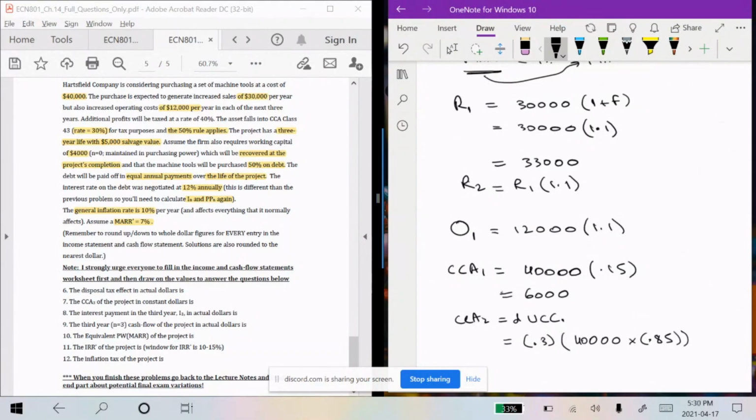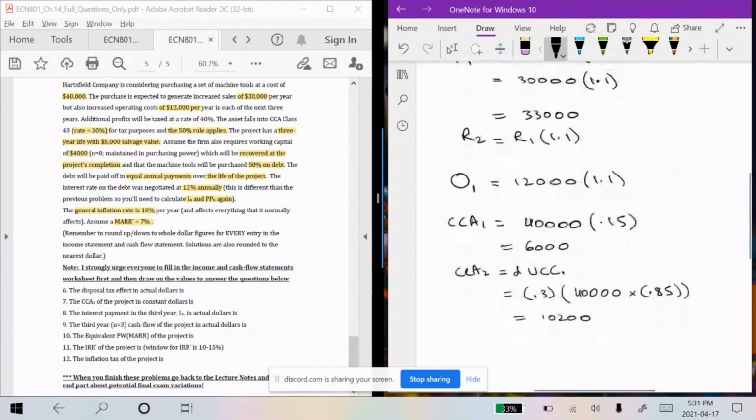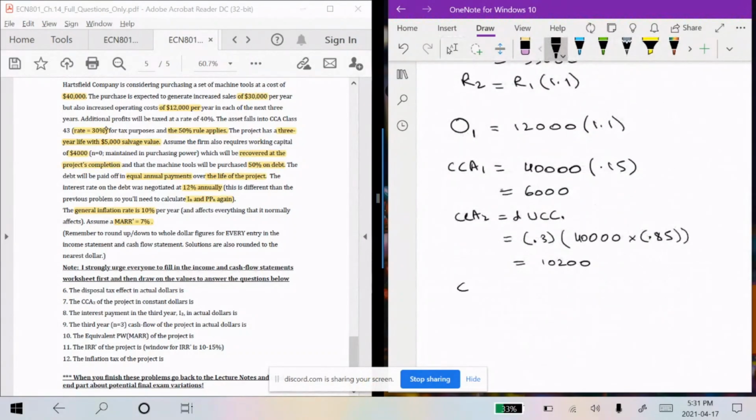So you get 0.3 times 40,000 times 0.85, which is 1,200 as the CCA for the second period. Similarly, the CCA for the third period is 0.3 times the UCC 2 this time.